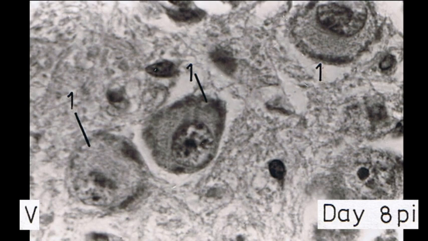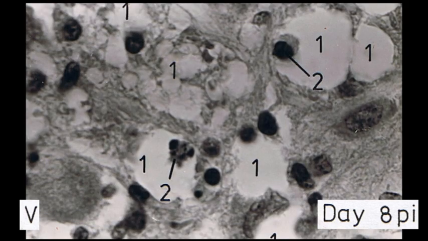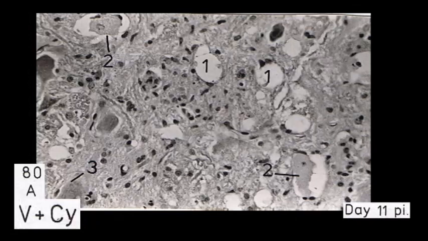So this is the central chromatolysis in the lateral cuneate nucleus in the medulla oblongata. 79B is the neuropil near 78B, showing malacic foci, edema and demyelination with spaces due to dilated axon cylinders and/or edema in 1, and characteristic myelinophages in those spaces. Again, indicative of white matter destruction. So it can be seen from here that there's considerable white matter destruction in both the virus and the virus plus the cyclophosphamide.